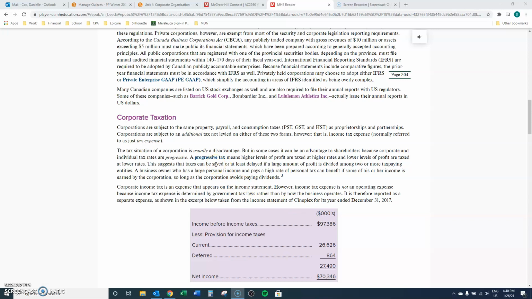So they have all the same taxes, so property tax, payroll tax, HST, that kind of stuff, as proprietorships and partnerships, but they also have one more tax. They have income tax expense. So proprietorships and partnerships, the profits are taxed in the hands of the owners, whereas a corporation, they pay their own taxes.